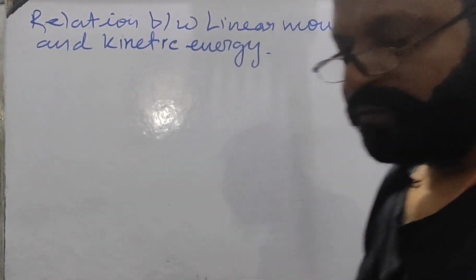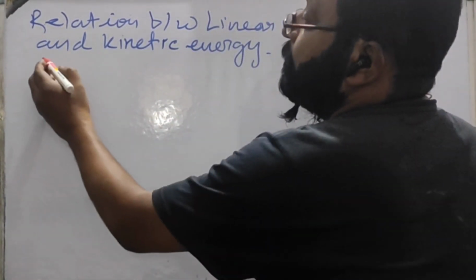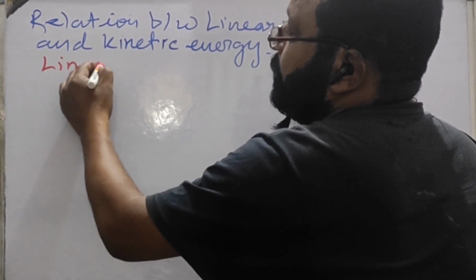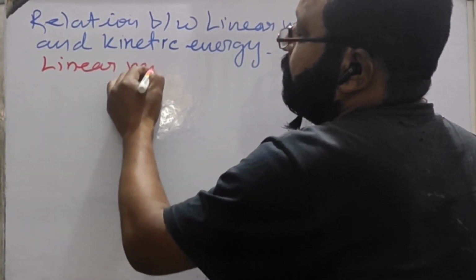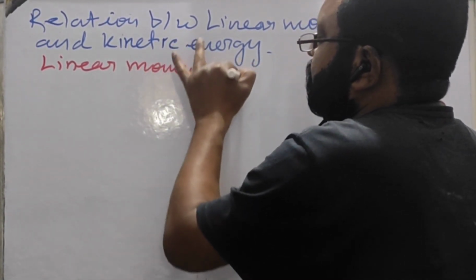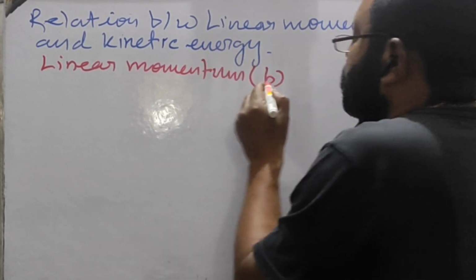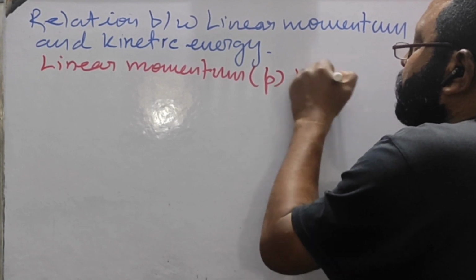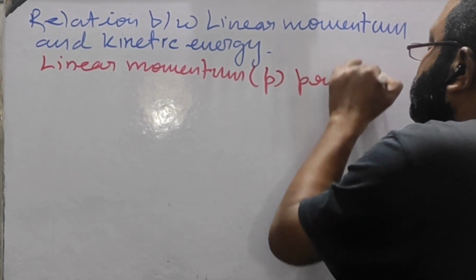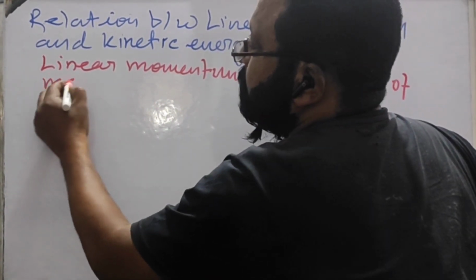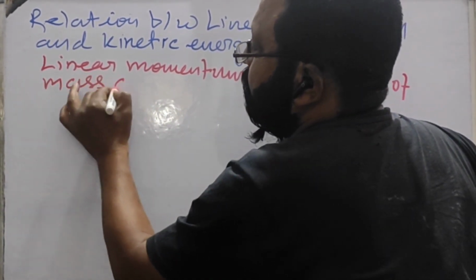So can you tell me what is linear momentum? Linear momentum P is equal to the product of mass and velocity.